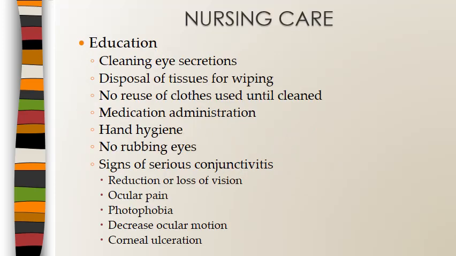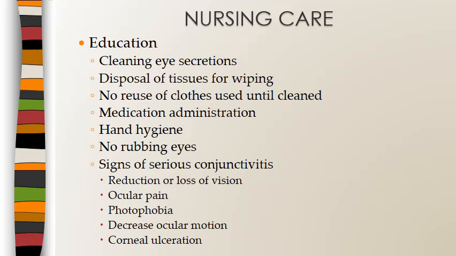Nursing care really does revolve around education. It would be unlikely that we would see these children in the hospital. If we do see them, they will have a respiratory component to their disease that we are seeing them for. So education includes teaching the parents how to clean the eye secretions.